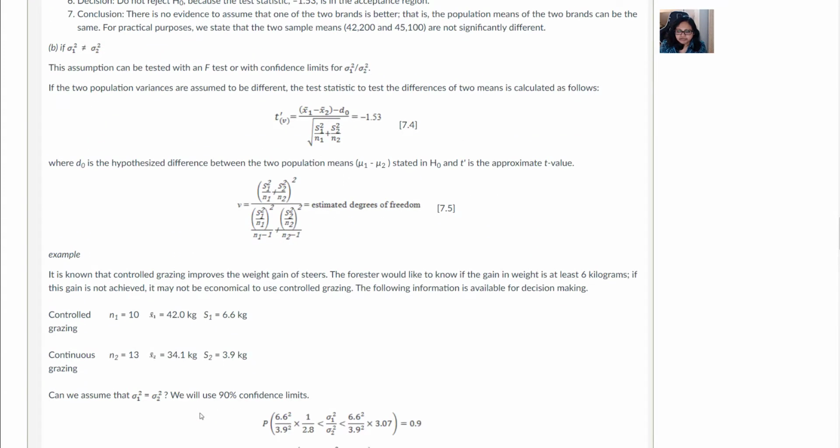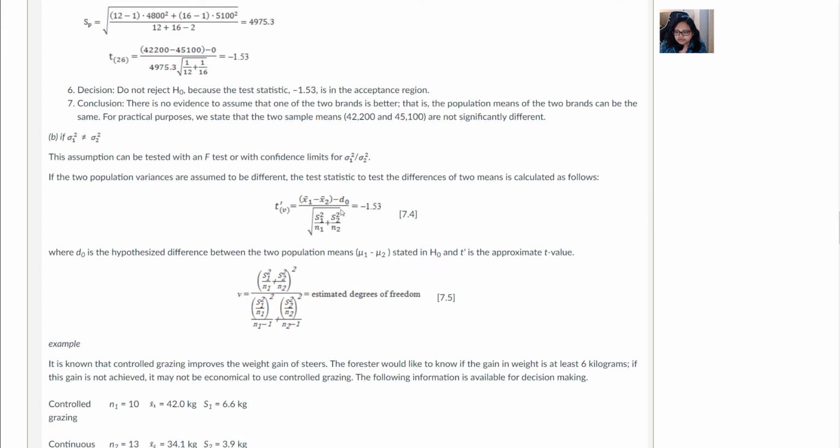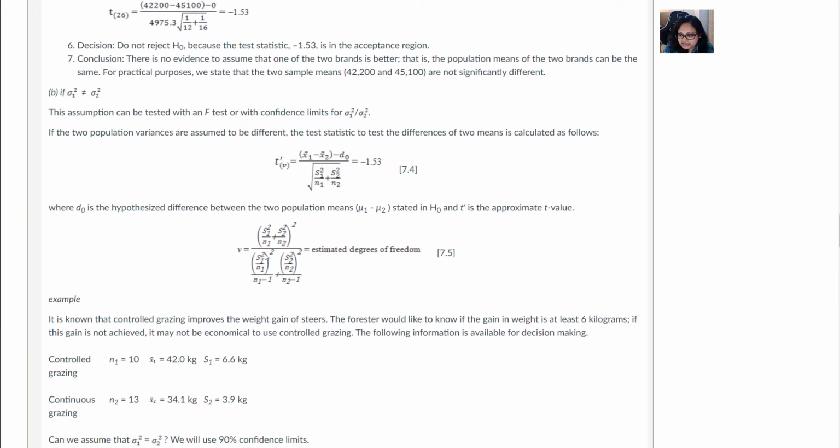In the other case, if we found out they are actually different, then the only thing you need to change is the pooled estimate. You can see the standard error for the combined estimate is actually simpler, but the only thing is that the calculation for degrees of freedom is a little bit lengthy.